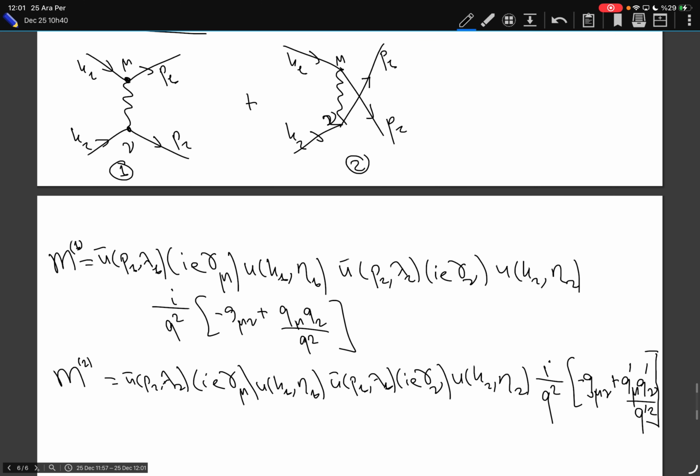Where Q, this is Q prime. Q is P1 minus K1, and Q prime is P2 minus K1.